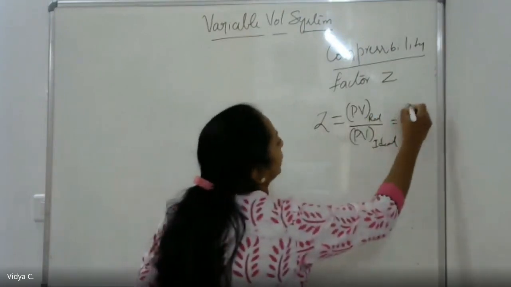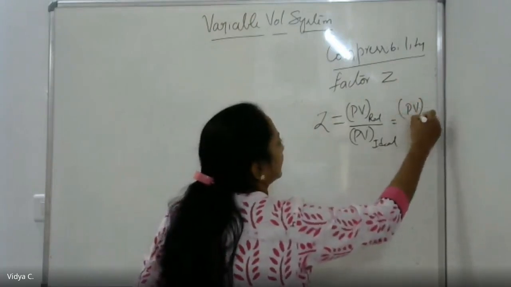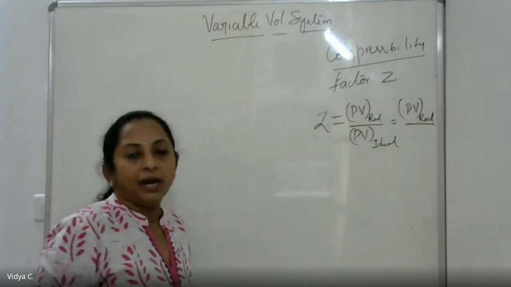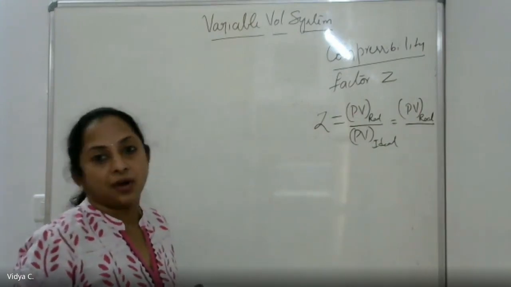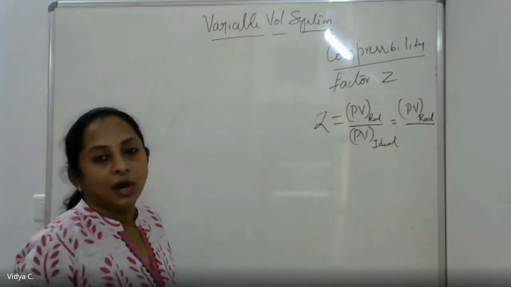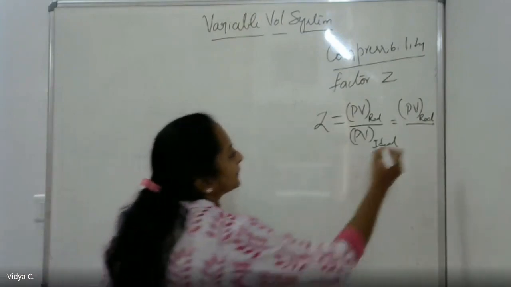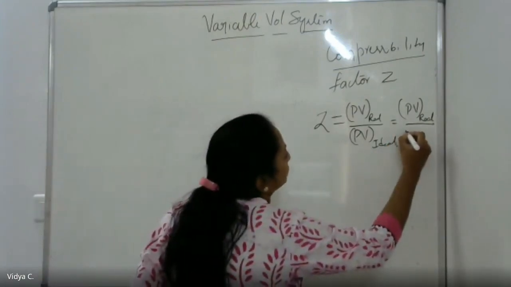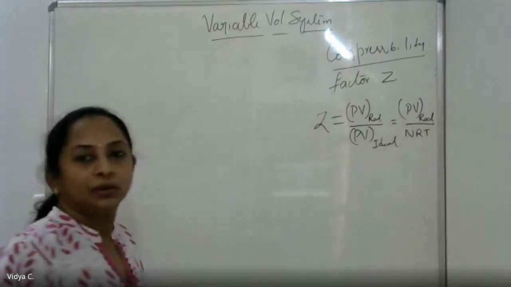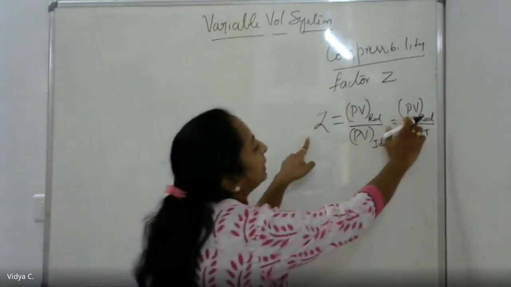And what is PV real? PV real I will write as such. What is PV ideal? PV ideal is from the ideal gas law. For ideal gases, how do we get PV? PV is equal to nRT. So now what will be PV real?